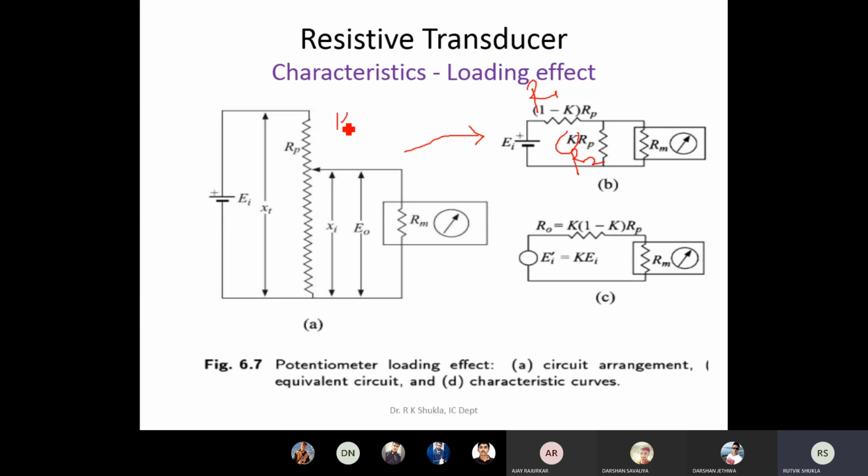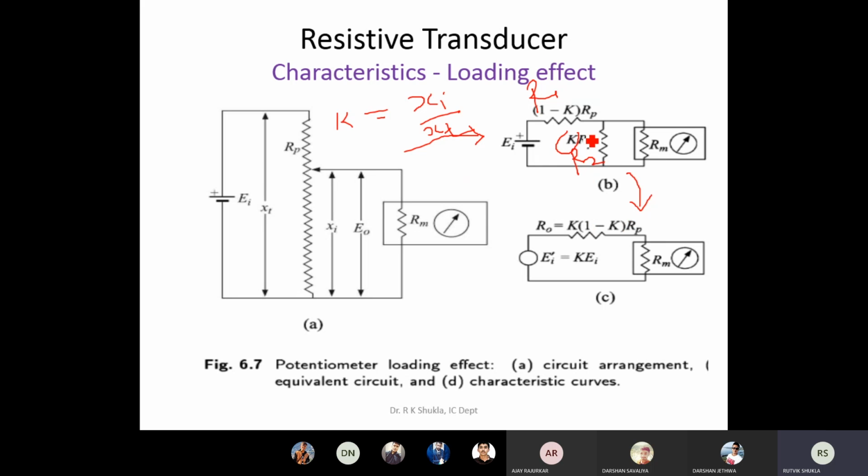And K is nothing but the ratio of output displacement, that is Xi, divided by the total length of your potentiometer, that is Xt. Now Rm will be as it is. Now further I am reducing this circuit like this.